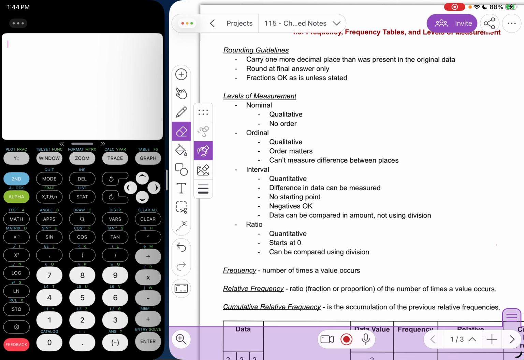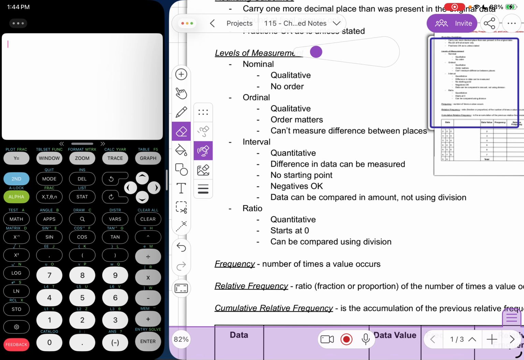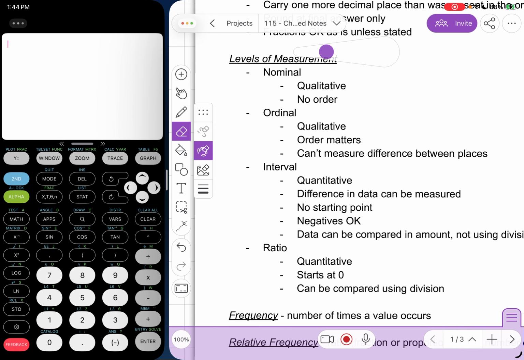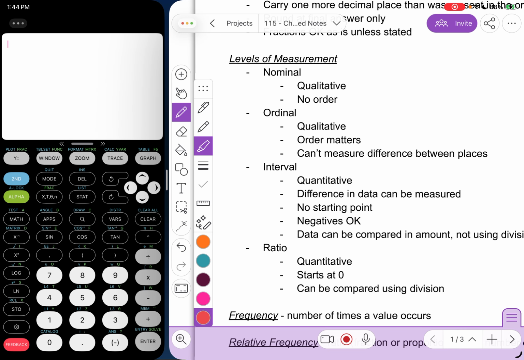So we're going to start by talking about levels of measurement. With our qualitative and quantitative data, there's different levels of that measurement. So your qualitative, or your qualities, categories, you have nominal and ordinal. Nominal measurement is just the names of data.